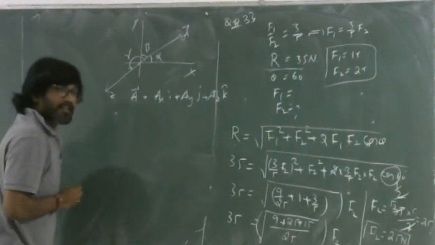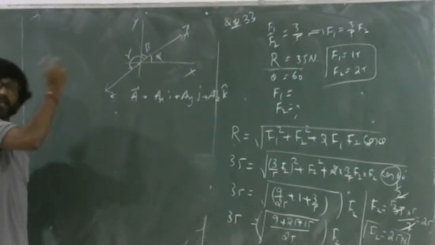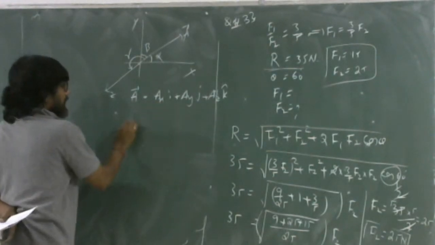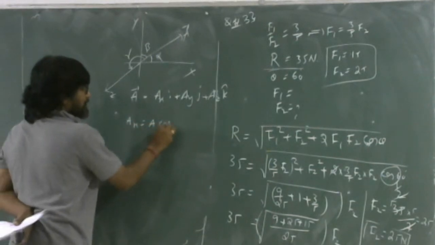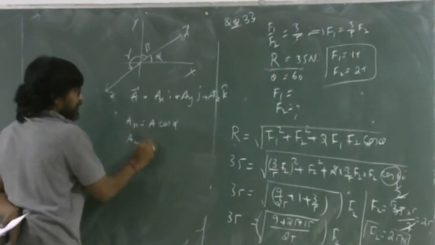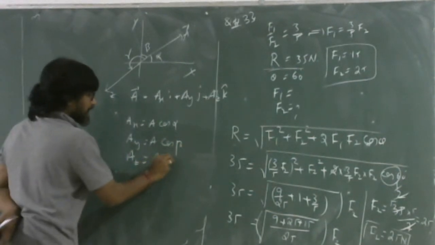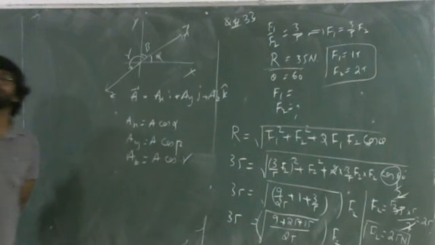Here we have defined cos alpha is x by A, so Ax is equal to A cos alpha, Ay is equal to A cos beta, Az is equal to A cos gamma.